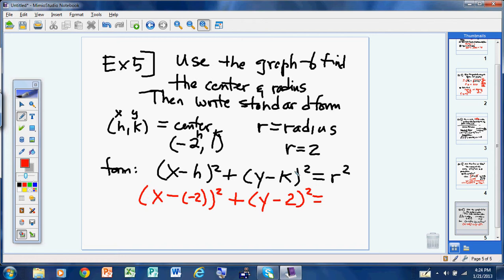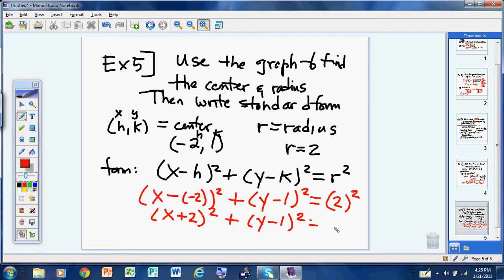Let me undo that. That's not correct. What is our k value? That is actually 1, so y minus 1 squared equals the radius, which is 2 squared. Minus a negative 2 is the same as x plus 2 squared plus y minus 1 squared equals 4. And that would be our final answer.